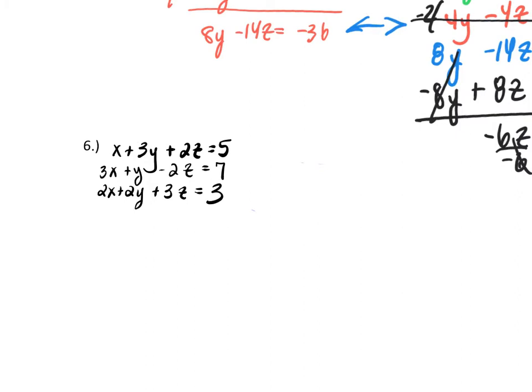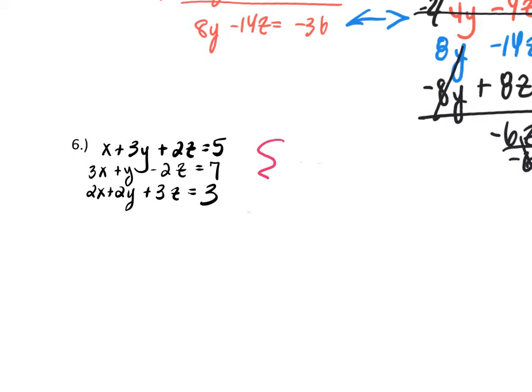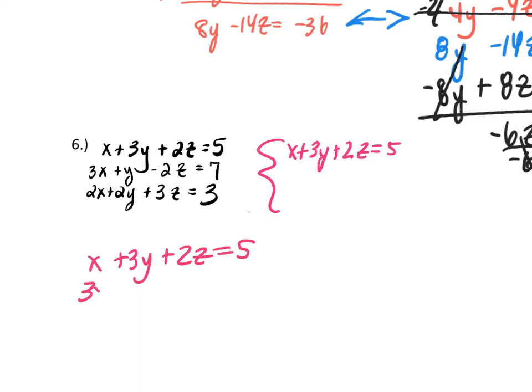Positive 1x is my first coefficient, yes? So I'm going to write x plus 3y plus 2z equals 5. And I'm just going to leave it. So now I'm going to take first and second, and I'm going to eliminate what? 3x plus y minus 2z equals 7.